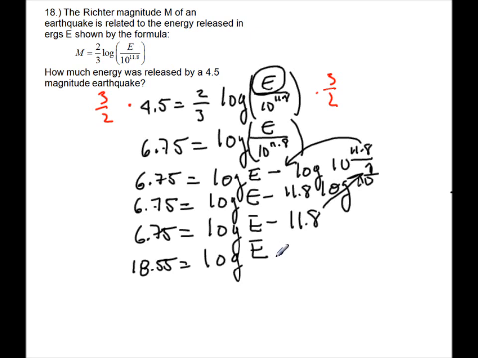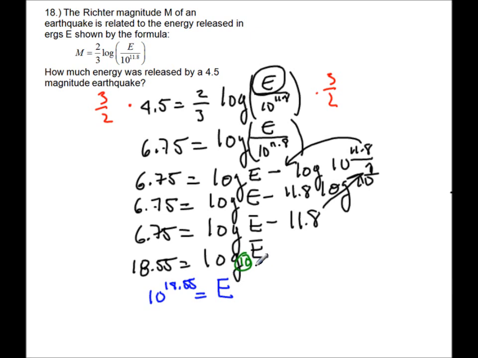We have to go to exponential form. What's the base of this common log here? It is 10, okay? We don't write it in. So when I go to write this in exponential form, I get 10 to the 18.55 equals E.